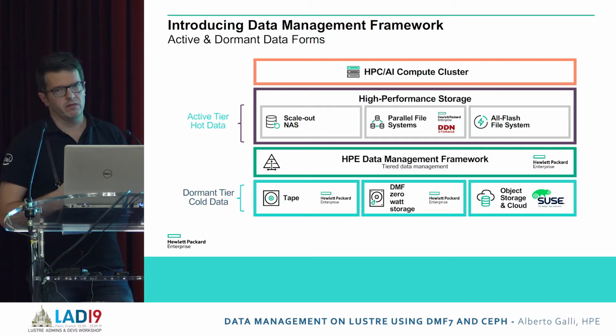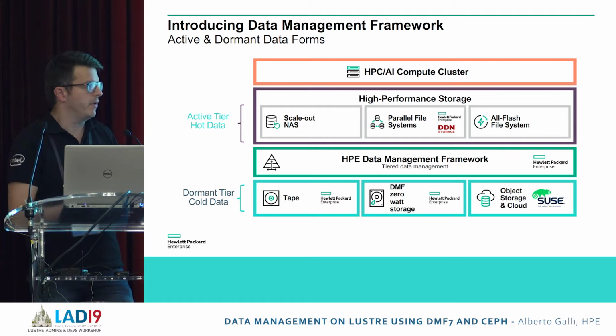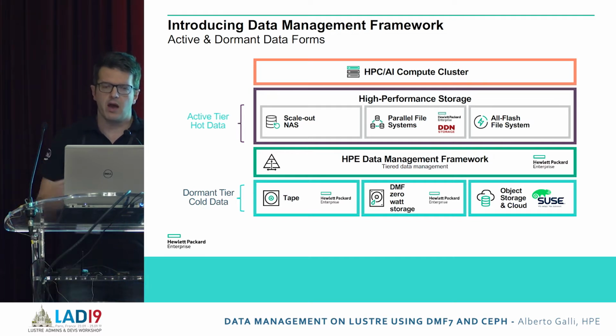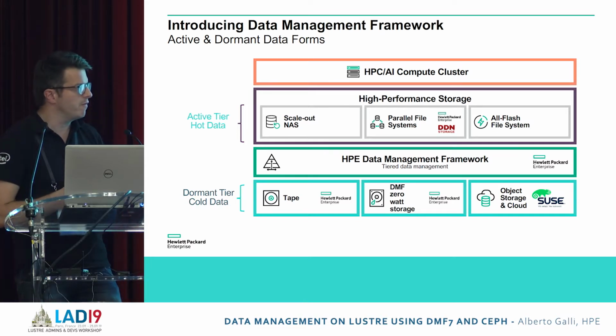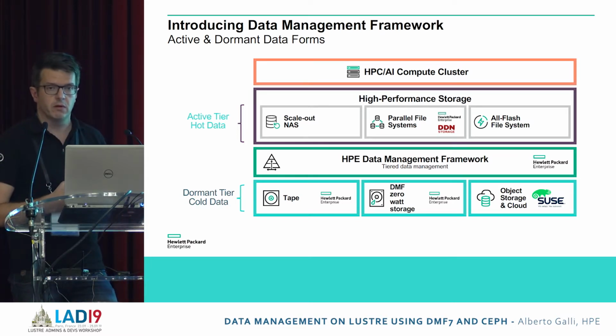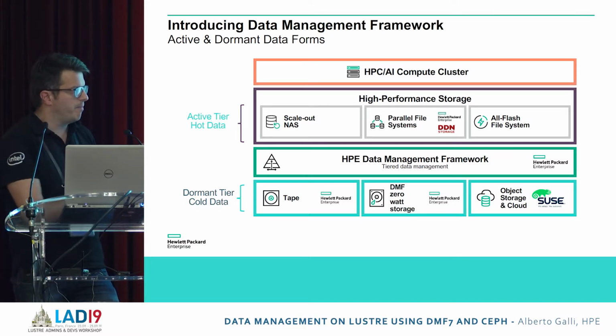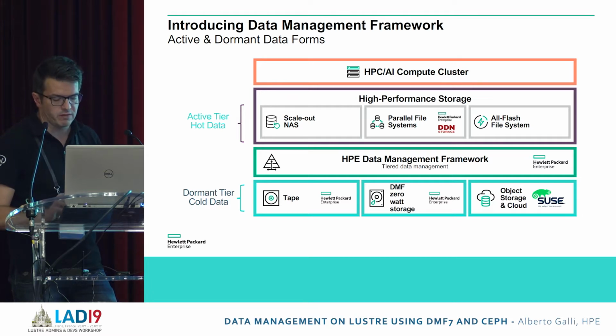What is interesting is that object store, especially S3, allows you to store your data as in the cloud, which is a trend we see so far, and also on premise. So you can have both ways to store the data, which we think is interesting.